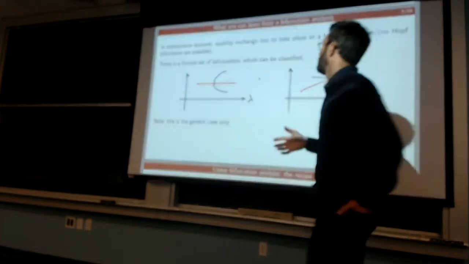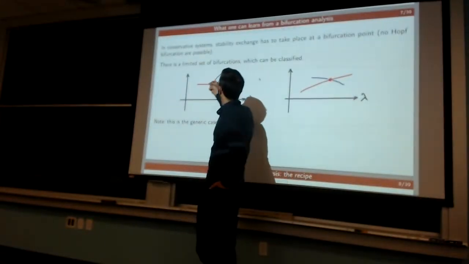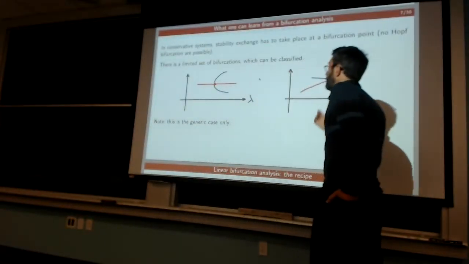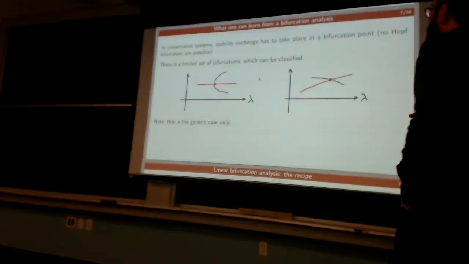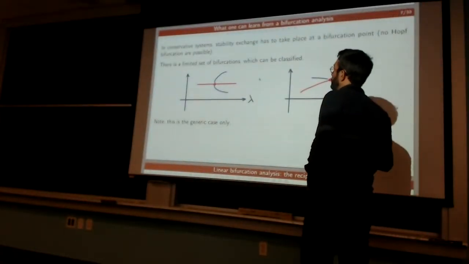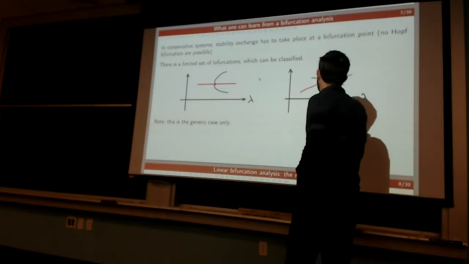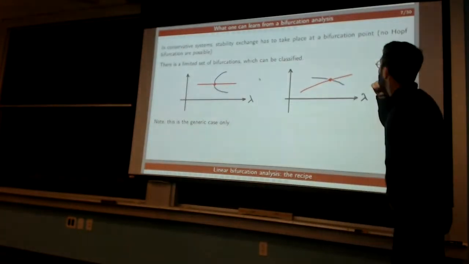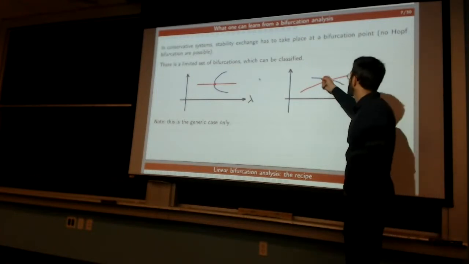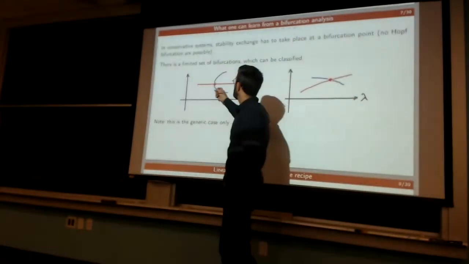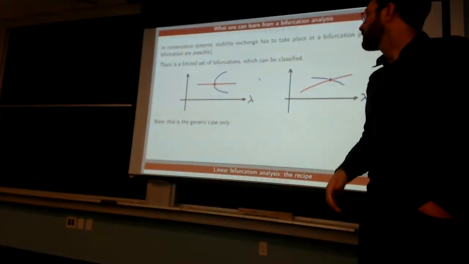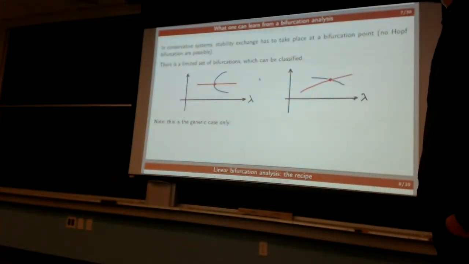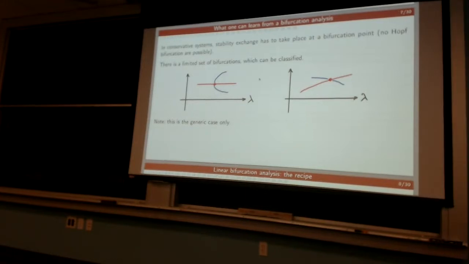If you pick any part of the branch, you can say whether or not it's stable. Okay, and another thing that we learn from bifurcation analysis is that there's only a small set of branches, and so there's a limited catalog of situations, and once we've covered them, we're ready to cover about anything.